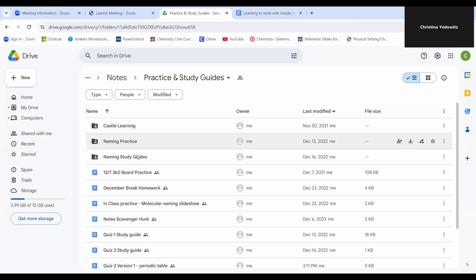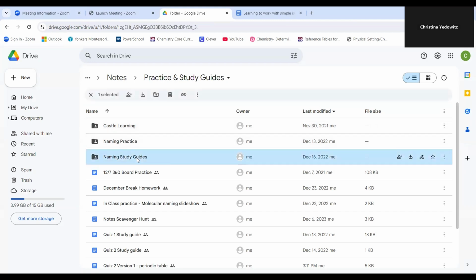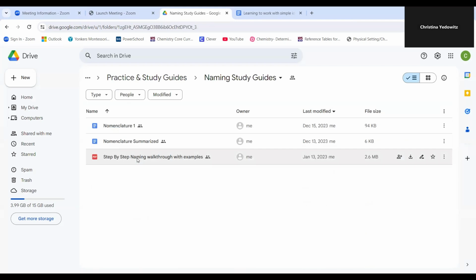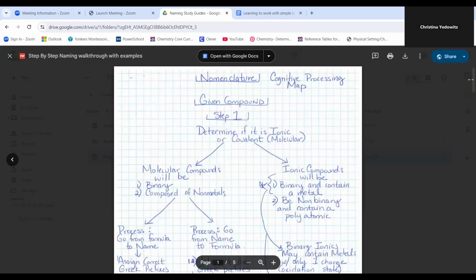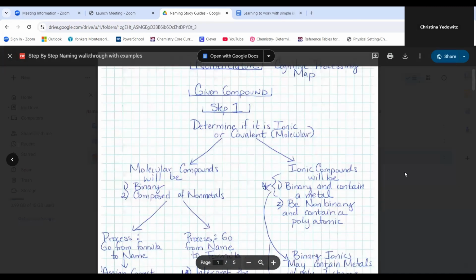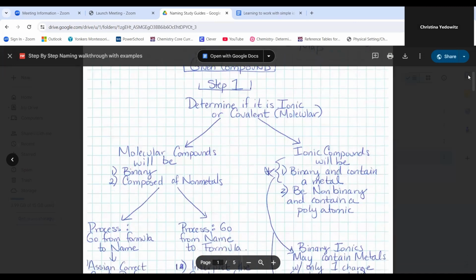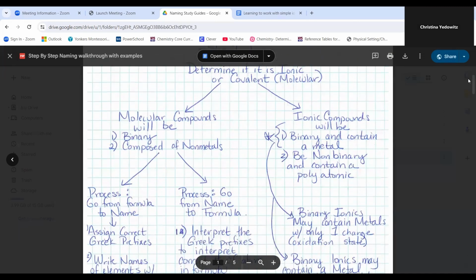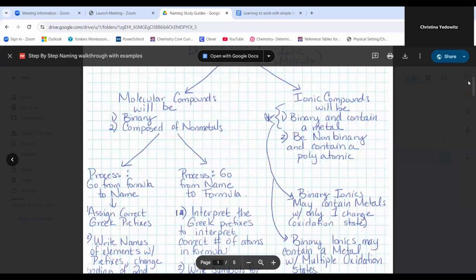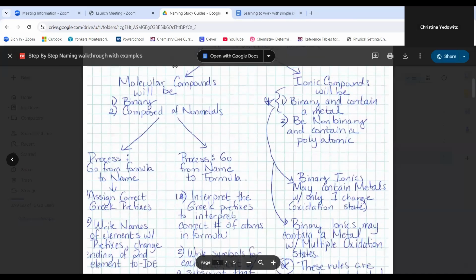One of the things I'm going to go back to here are these naming study guides. I'm going to show you one more time this handwritten one, because I think it's got a good walkthrough of the different types of ionic compounds. As you go through this, molecular compounds are to your left.